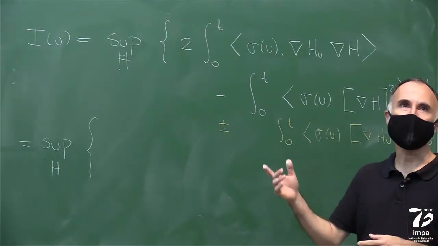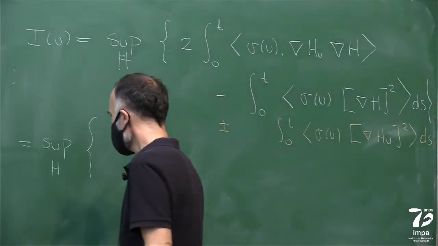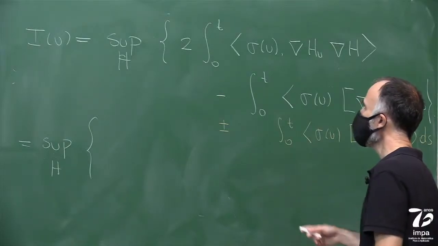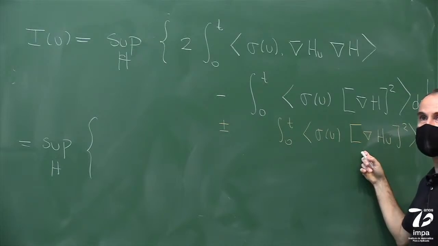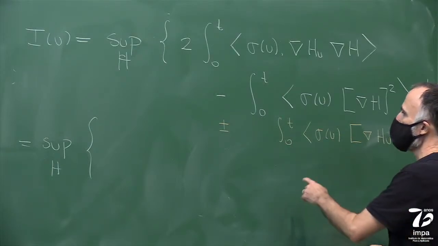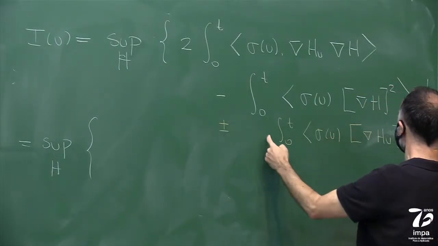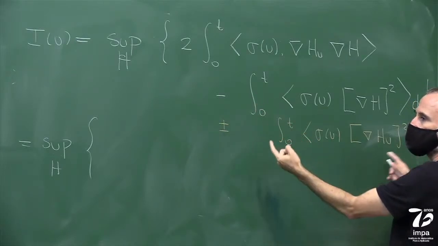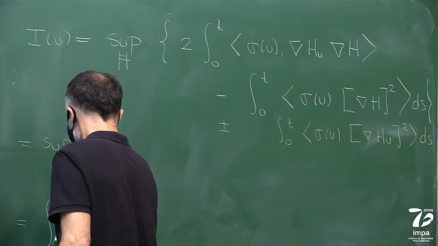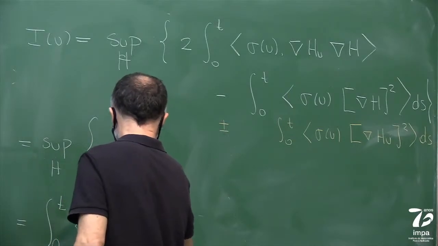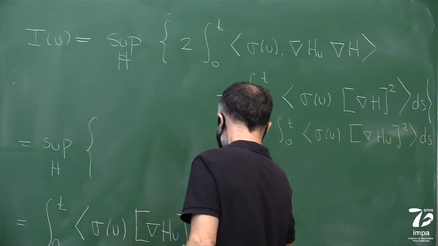I'm getting a new formula for I of u. So for the new formula for I of u, I just added and subtracted this expression. Okay? Now, the minus sign I will keep. The plus sign, well, this does not depend on h, so it can get out of the supremum. So this is equal to the integral from 0 to t of sigma of u, gradient hu squared, ds.